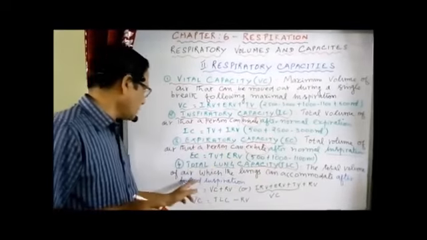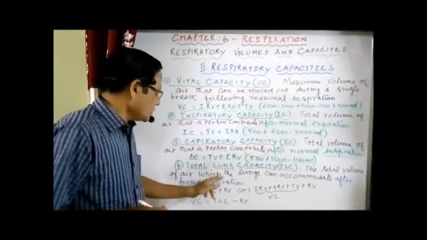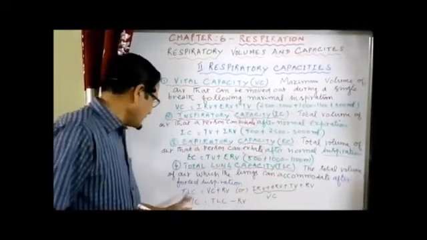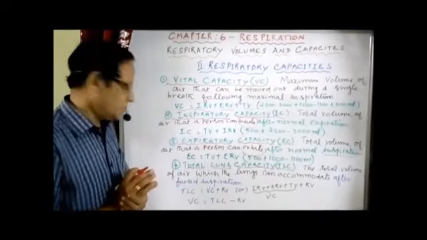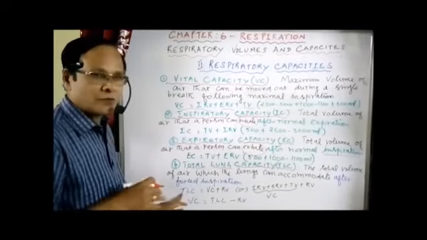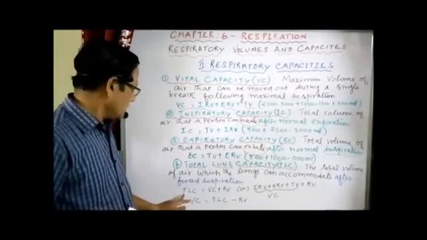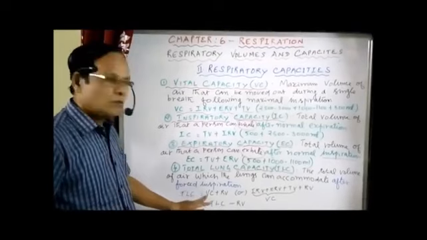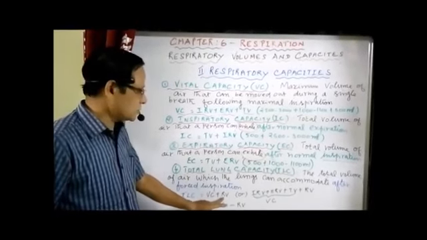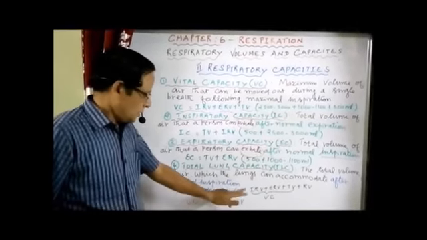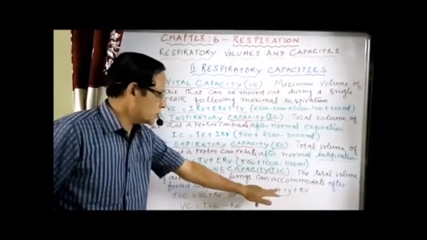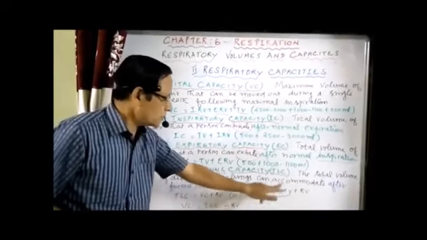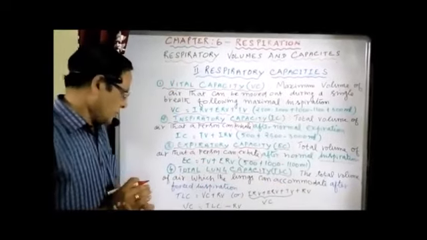We have different formulae. It can be calculated by adding vital capacity plus residual volume, or inspiratory reserve volume, expiratory reserve volume and tidal volume, these three together called VC, plus residual volume.